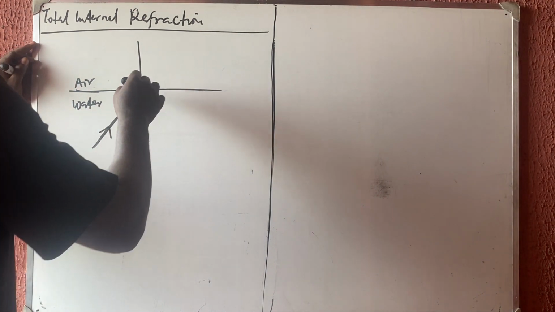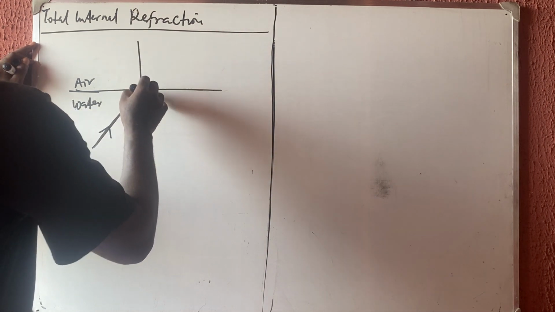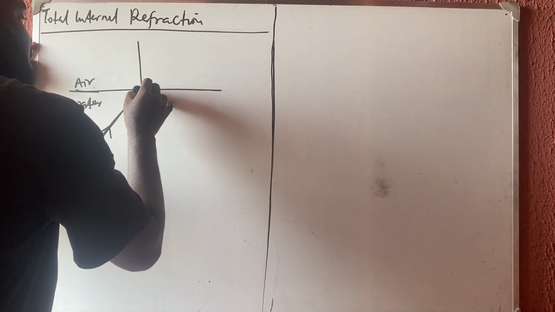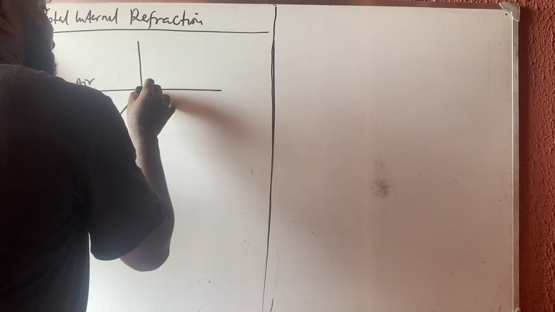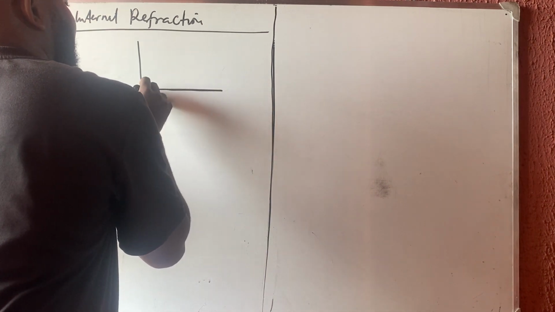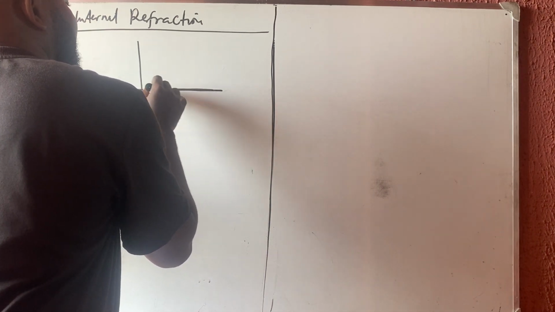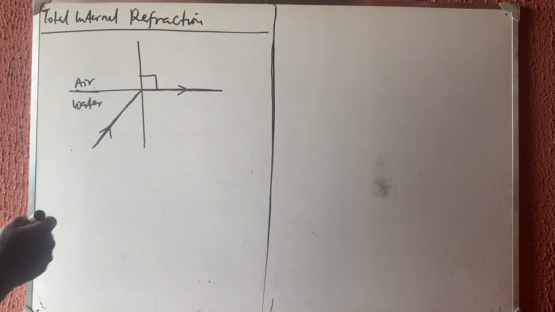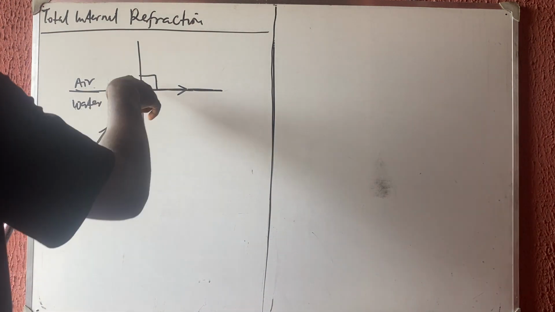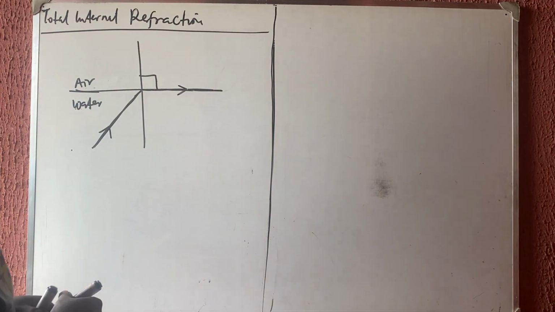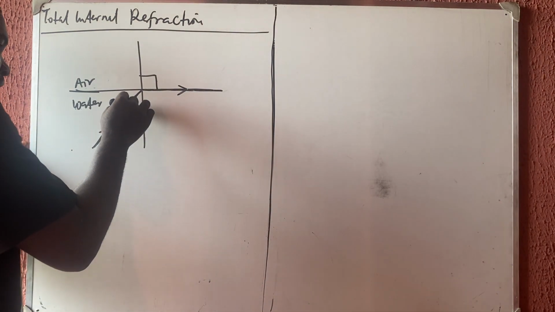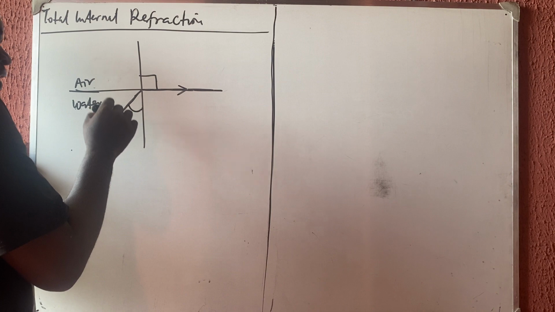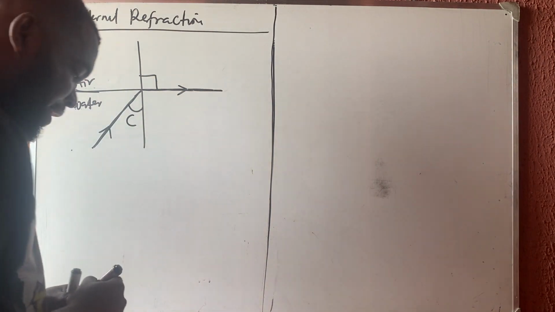But what happened? Instead of it refracting like this, the refracted ray goes at an angle of 90 degrees. It goes perpendicular to the normal. So this incident angle made here is now called your critical angle.